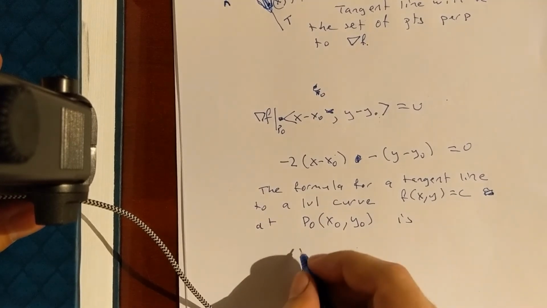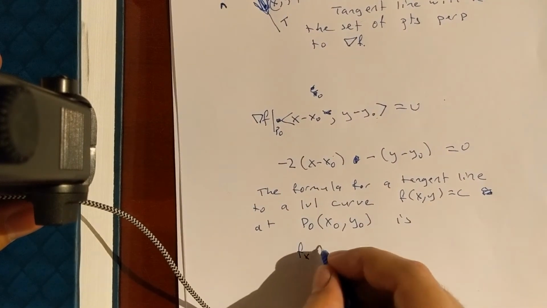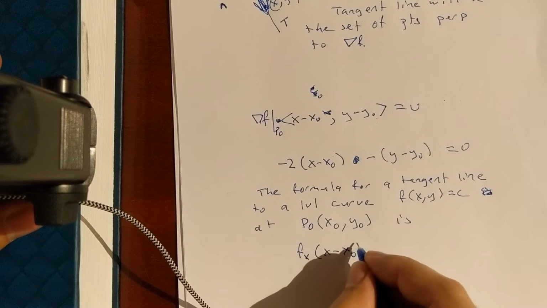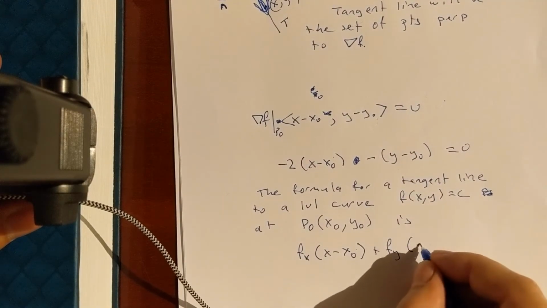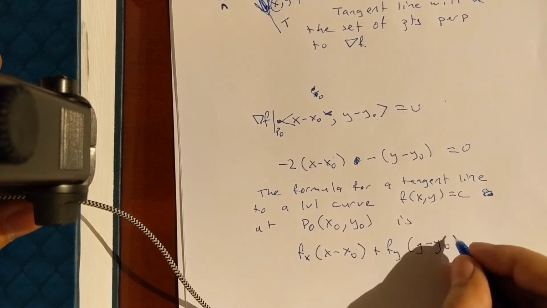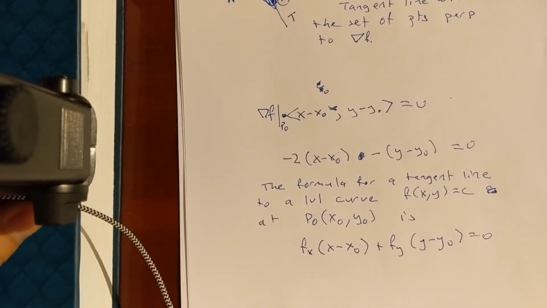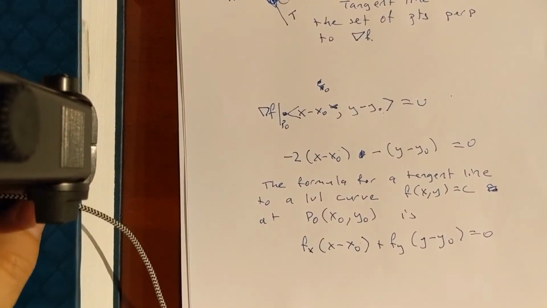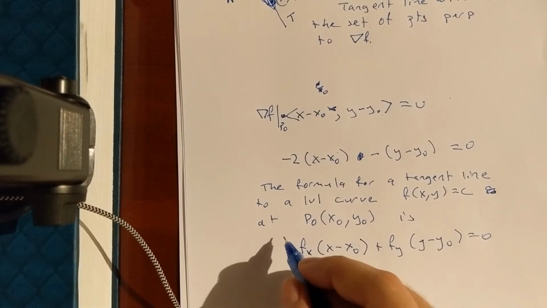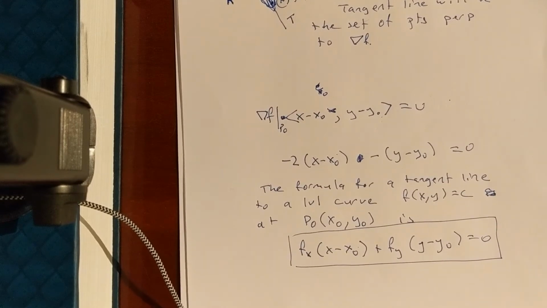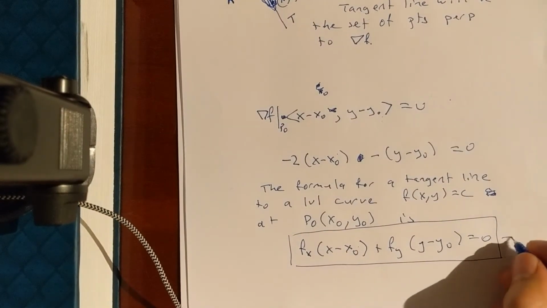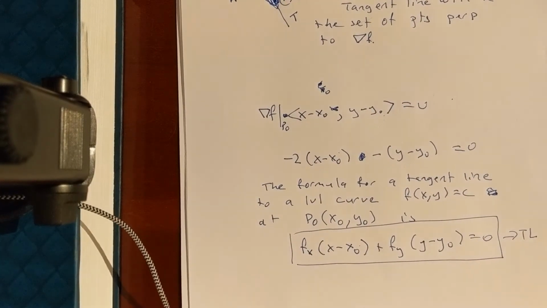It's very nice. It's going to be just f sub x times (x minus x naught) plus f sub y times (y minus y naught) equal to 0. So we get this sweet formula for tangent lines, TL, to a level curve.